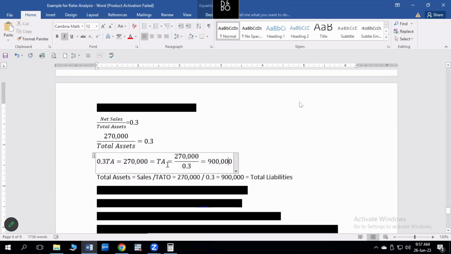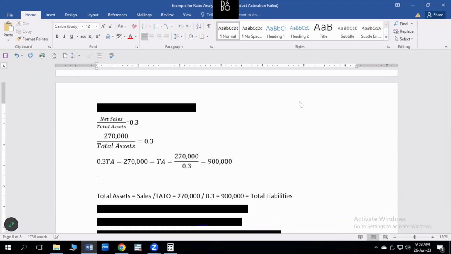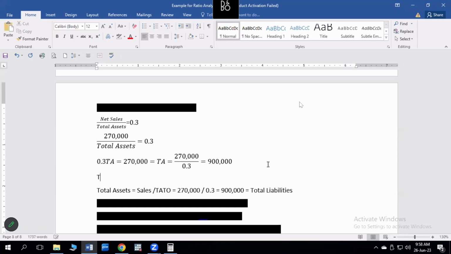Now you want to obtain the total liabilities. The total assets is there. So you know that total assets is equal to total liabilities. Always. This is a fundamental fact. So 9 lakhs you identify as the total liabilities.